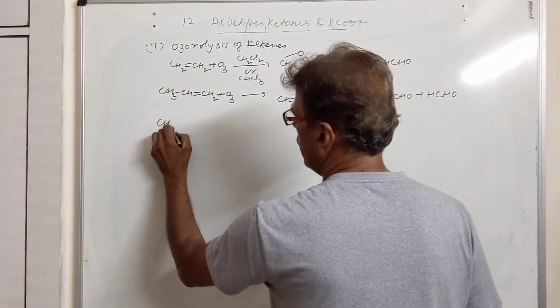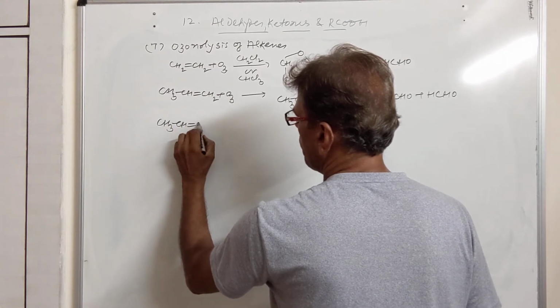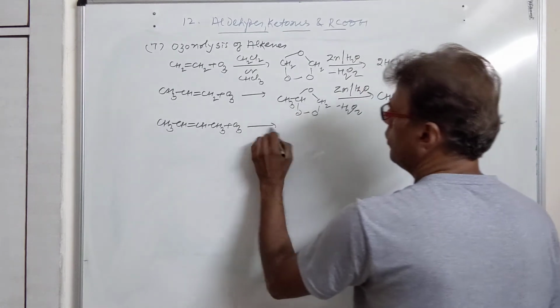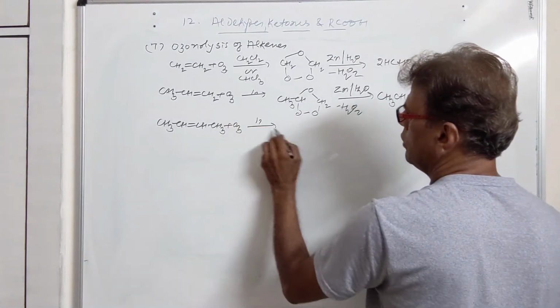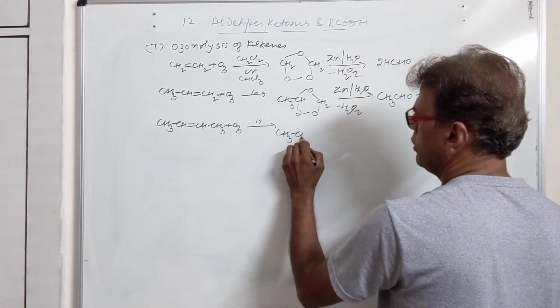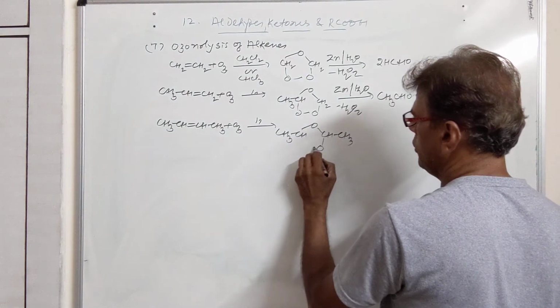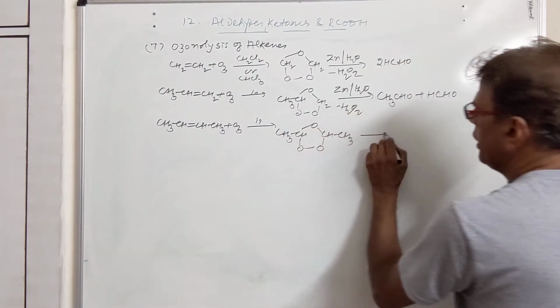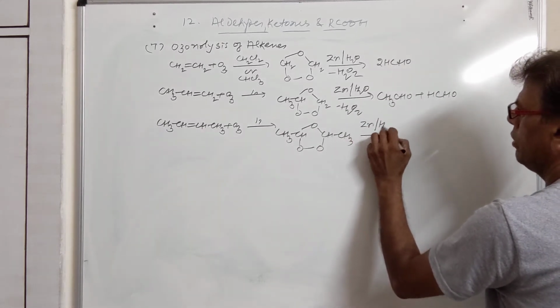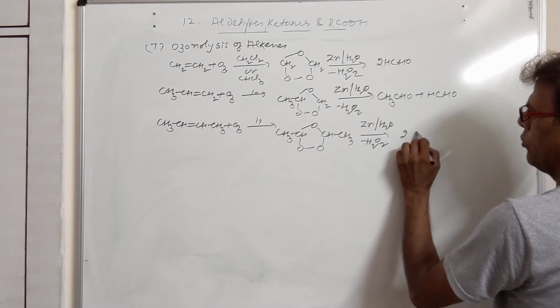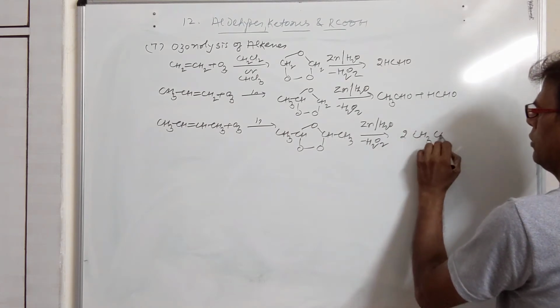And if you are having butene treated with ozone, under similar conditions, you will get CH3CHO, CH3. This is butene ozonide. It is treated with zinc and water. When you lose H2O2, you get two molecules of acetaldehyde.